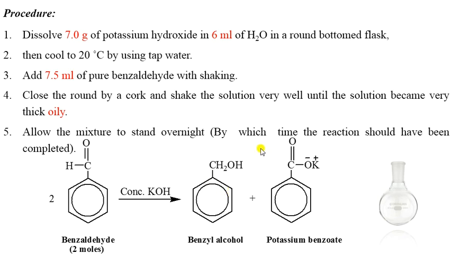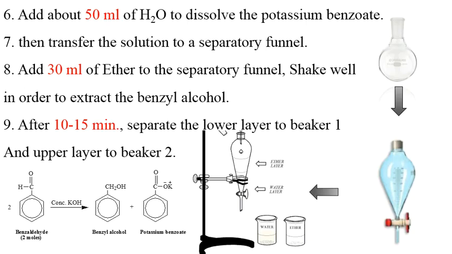In the next lab, at part 2, we have to separate these products to purify our products. To this mixture, which you produced from part 1 in the round bottom flask, add 50 ml of H2O to dissolve the potassium benzoate.